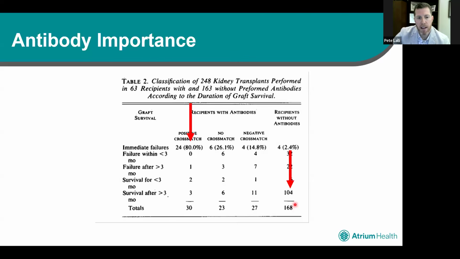If you don't have antibodies, you have a much better chance of allowing that graft to survive for a long enough period of time. So this was incredibly important to us. It told us that before every transplant that we do, we need to ensure that this recipient doesn't have antibodies against this donor's cells, or else the graft is not going to be able to survive.